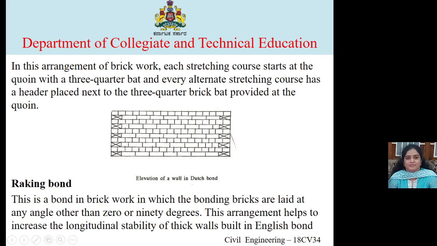In this arrangement of brickwork, each stretching course starts at the quoin with a 3/4 bat, and every alternate stretching course has a header placed next to the 3/4 brick bat provided at the quoin. You can see here, at the corner, the 3/4 bricks.